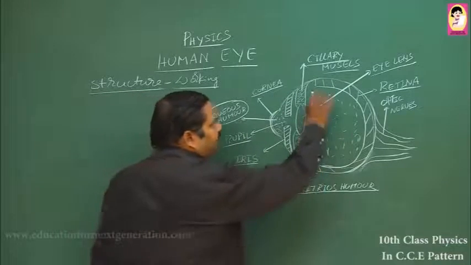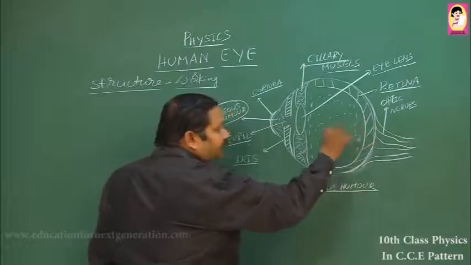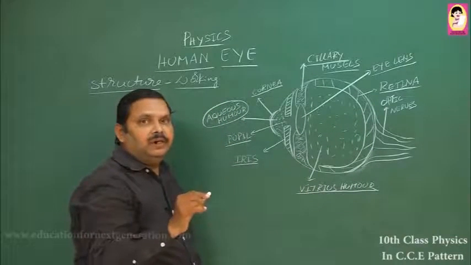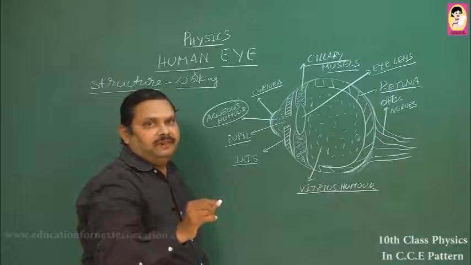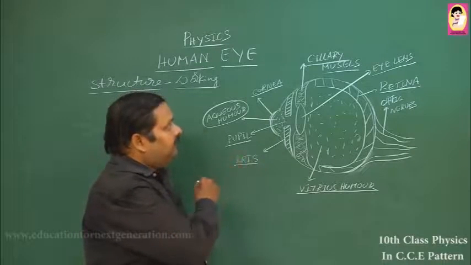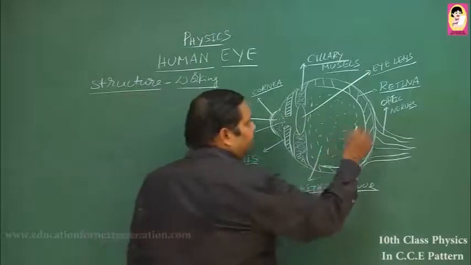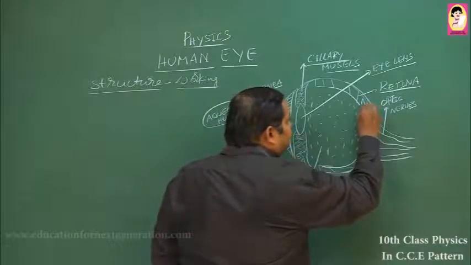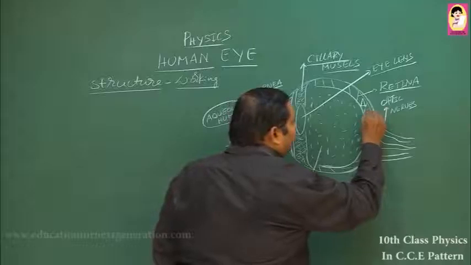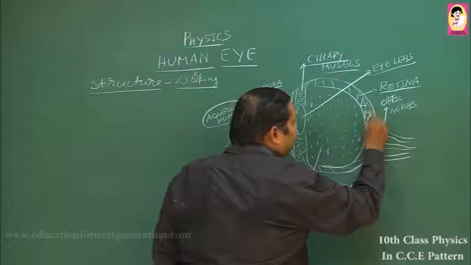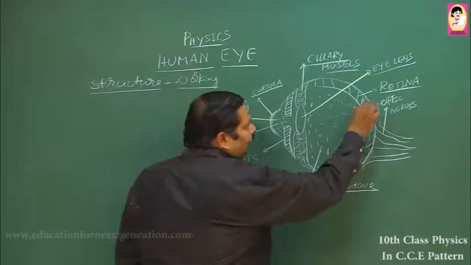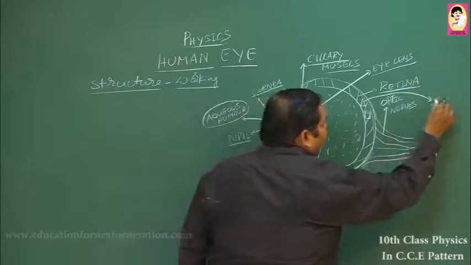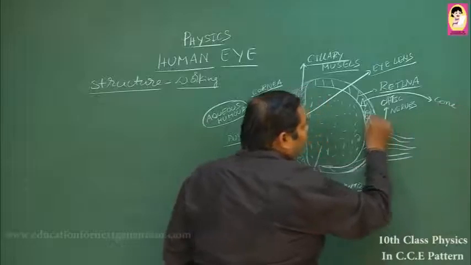And let us come to the retina. Retina, as we discussed already, acts like a screen to hold the image of the object placed in front of the eyeball, and on the surface of the retina there are two different types of cells, called rods and cones. A cone is a cell in the shape of a cone.